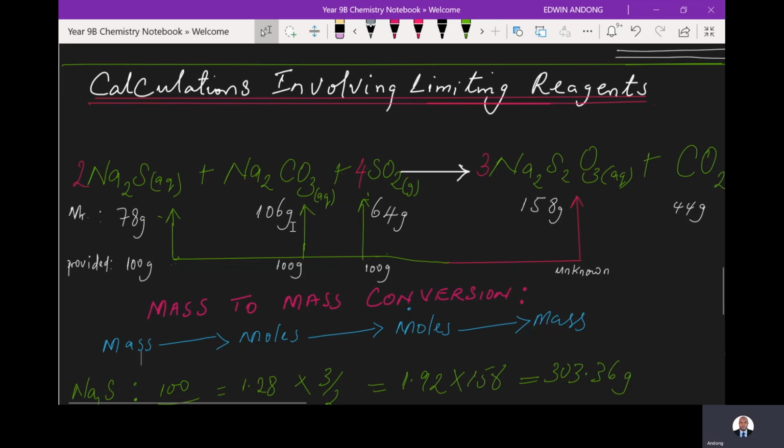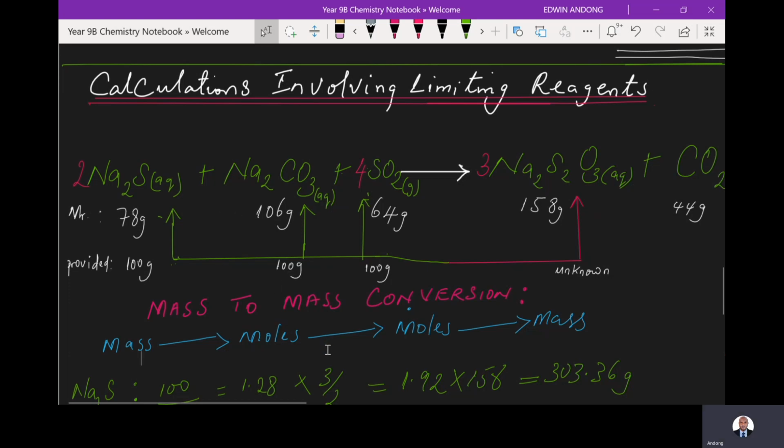Sodium sulfite, sodium carbonate, and sulfur dioxide, these are reagents, these are reactants. And they are 100 grams each in a reaction. You are told how much sodium thiosulfate will be produced by reacting all these 100 grams each of all these reactants.